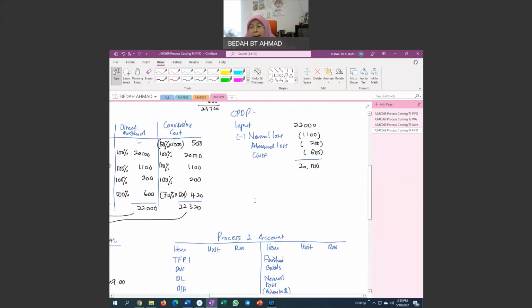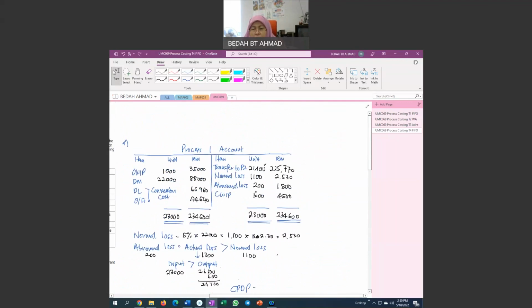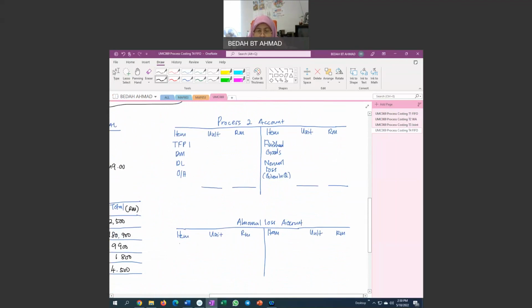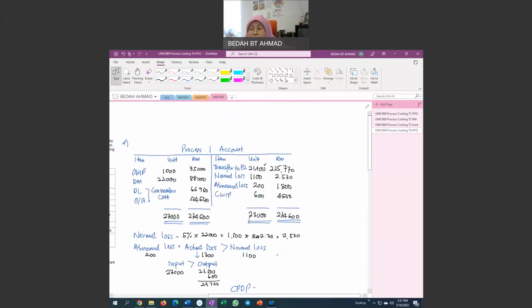From process 1 we have the normal loss 1,100, abnormal loss 200, and 1,080 for the abnormal loss. Okay, normal loss account, here is 200, 1,080.